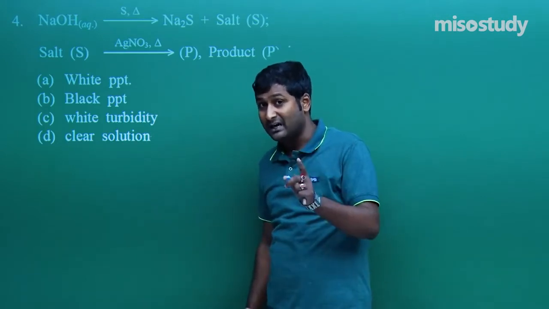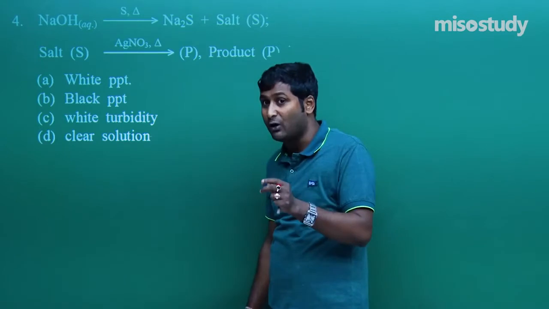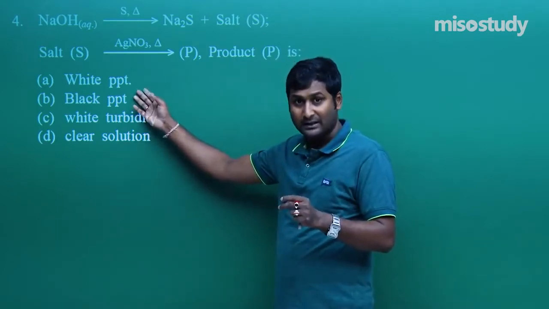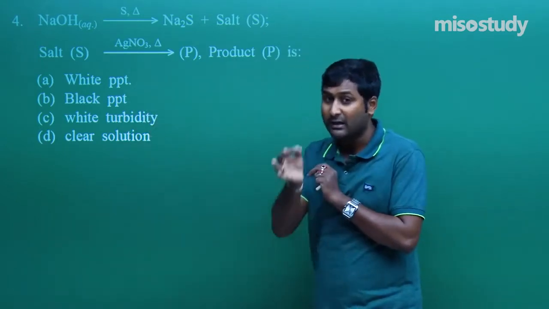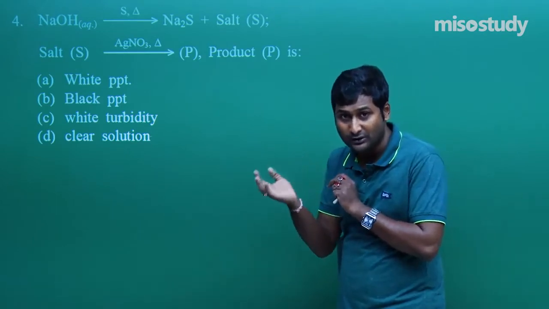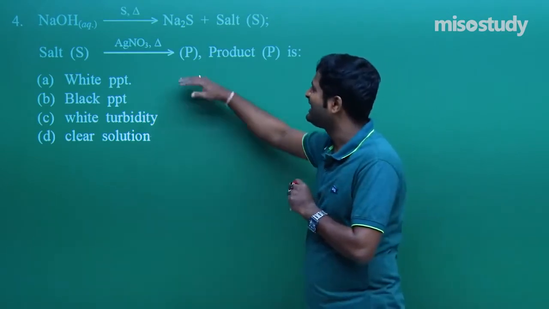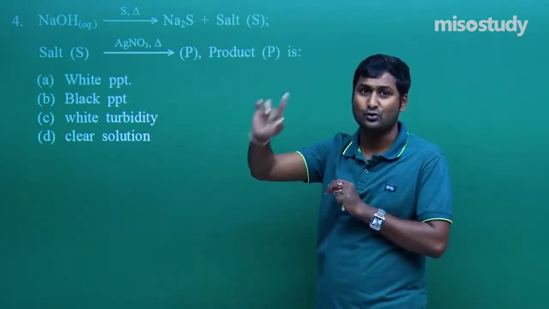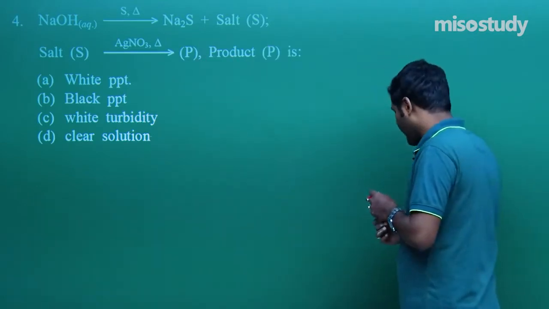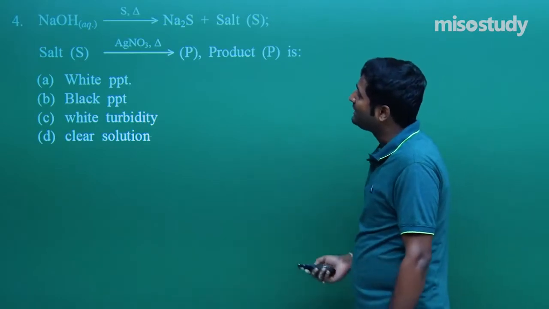So be careful. If you have any doubt why not A, I'm not talking about Ag2S2O3, I'm talking about the final product. The final product is Ag2S, not Ag2S2O3. Now friend, let's move to the next question.